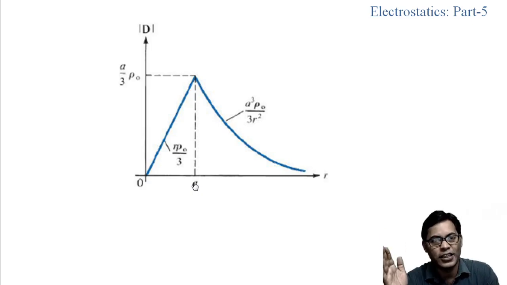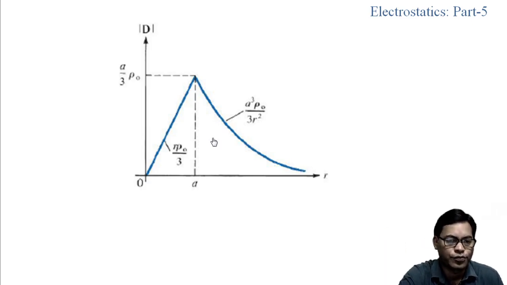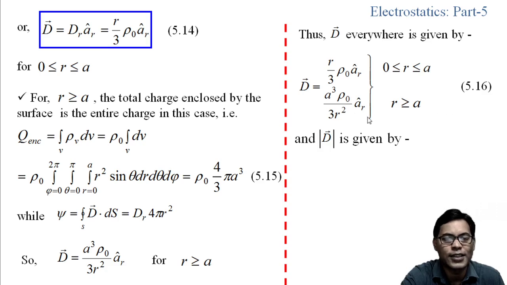So outside this sphere, if we want to see how the flux density varies, then we need to consider the second case. Here you can see that it is a cube, and it is r square. Here a is the radius of the sphere, which is constant, rho naught is constant, 3 is constant, so D varies inversely proportional, 1 by r square.